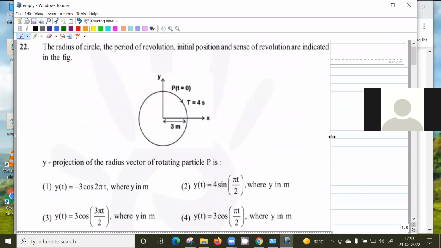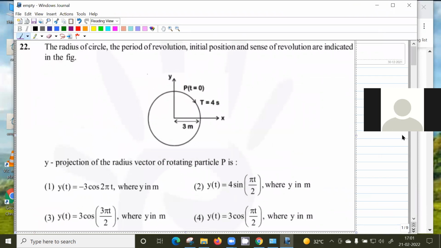Try this one. Sir, I don't know, I actually forgot this concept. No, this is very basic. It's a mathematical concept only.